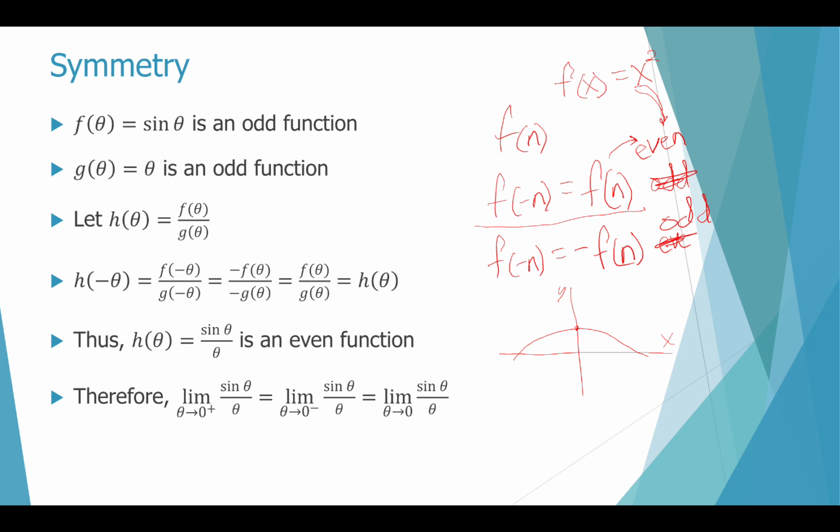Because coming from the right and coming from the left, they happen, even if there was a hole there. So like in this example here, whatever that is, that would be a hole. We can't exist there.